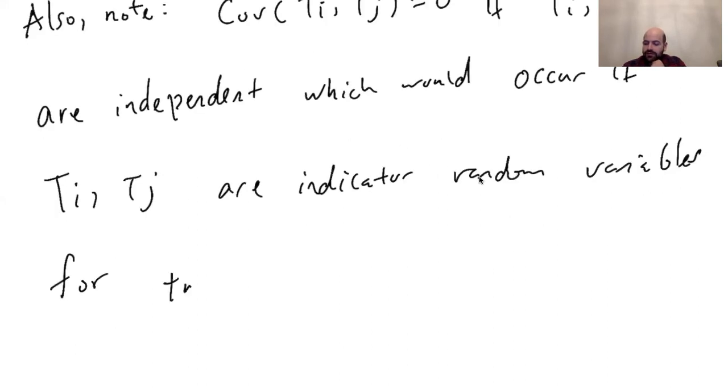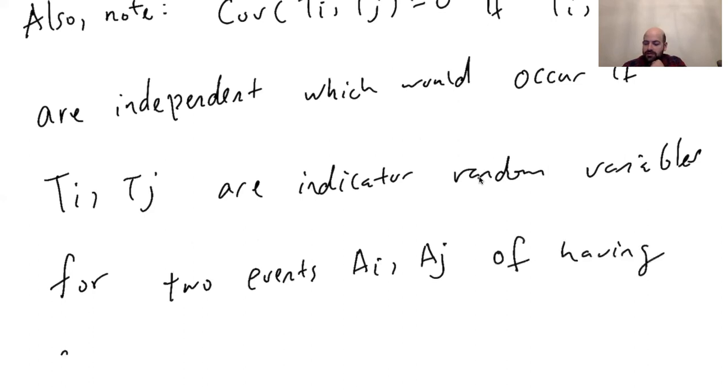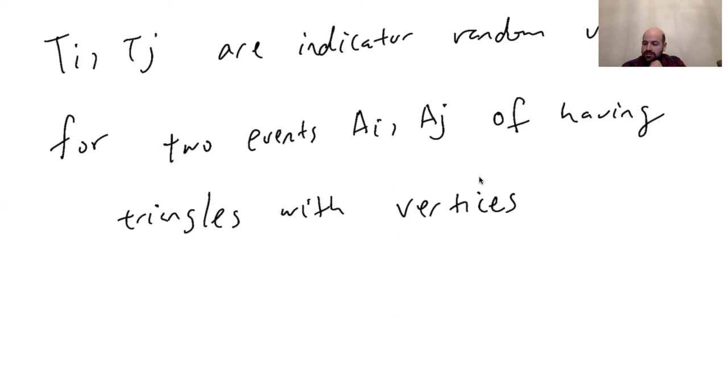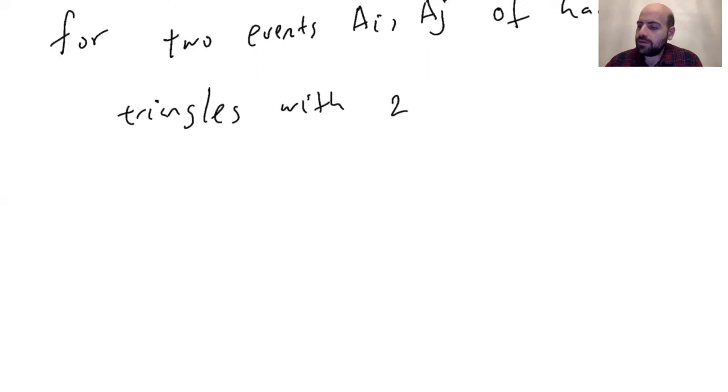for two events Ai and Aj of having triangles with vertices with two sets of disjoint edges.